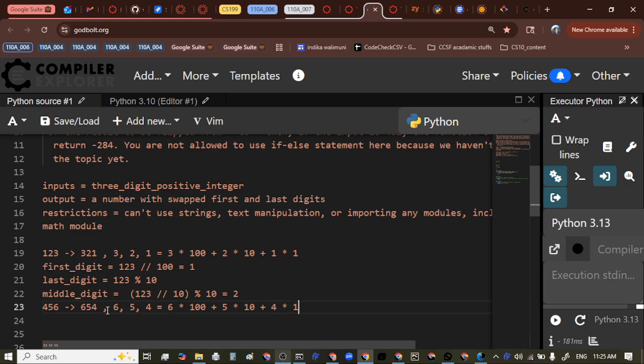All right, and then this works out, right? So I'm going to copy paste and then change, guys. Always do a couple of examples.